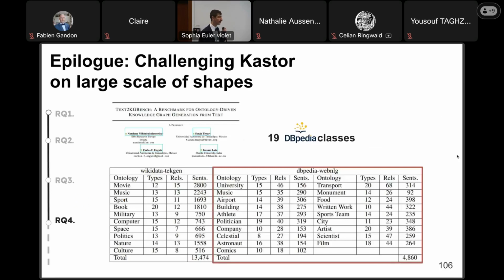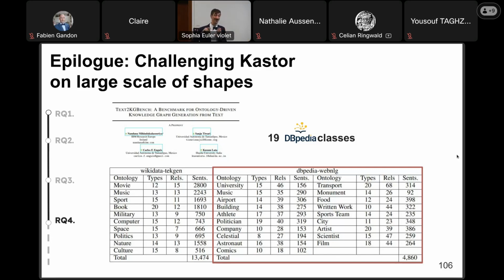Let me now talk about some preliminary experiments that weren't published yet. This is related to the Text2KGBench, and this benchmark proposes to evaluate relation extraction given 19 DBpedia classes. To be able to compare ourselves with this benchmark, we first distill a knowledge graph for each class that you can see on the screen.